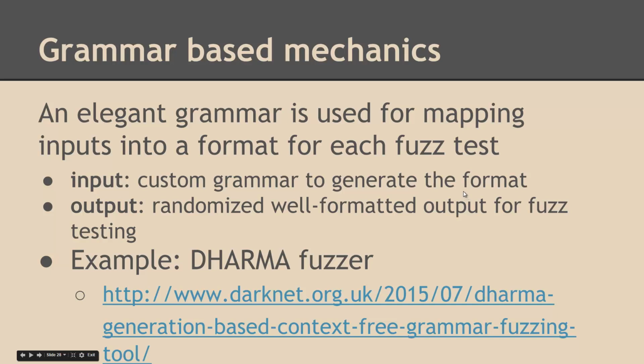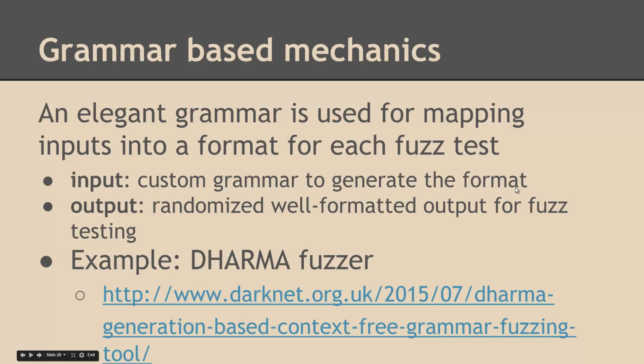Grammar-based mechanics are very important to understand. If you've taken any computer science class or artificial intelligence class that delved into things like Prolog or other languages like that, this is fairly straightforward then. Otherwise, it's a custom grammar. There's no standardized one to generate the format.